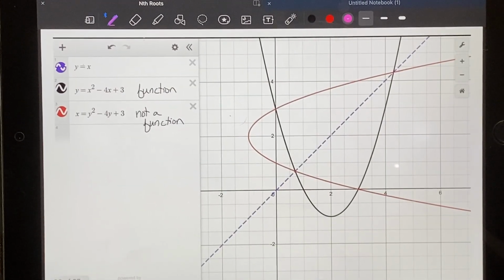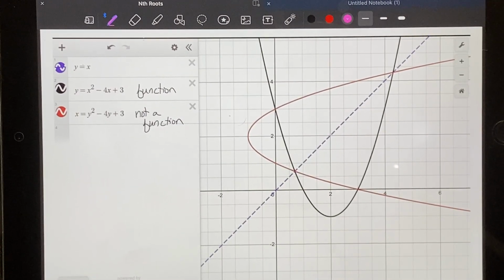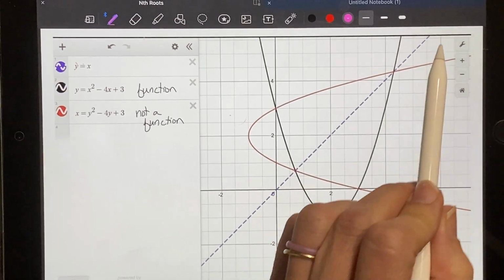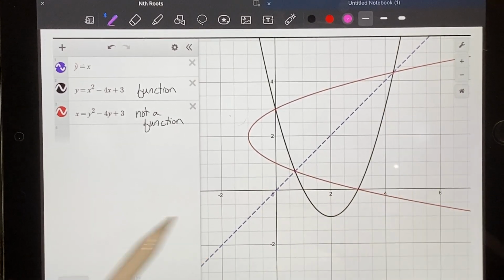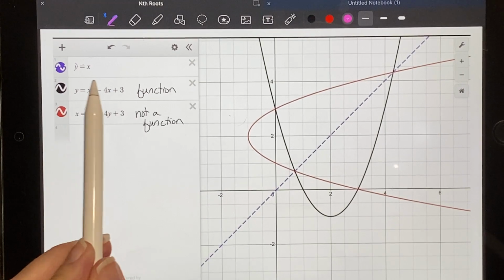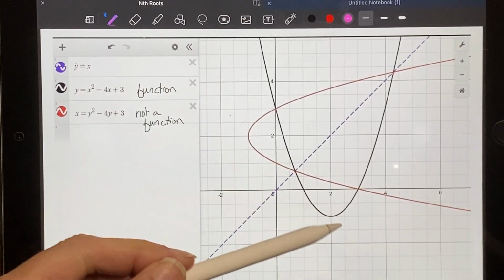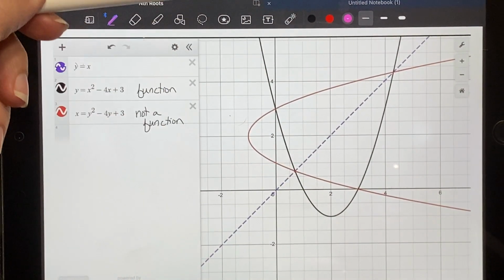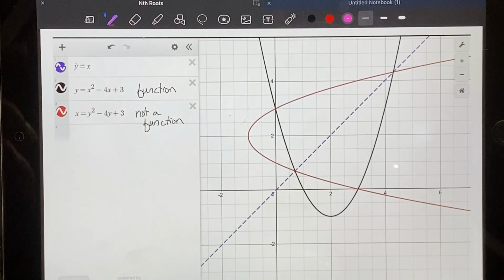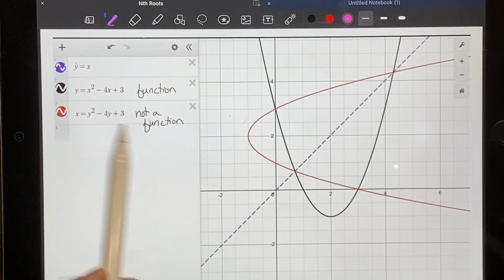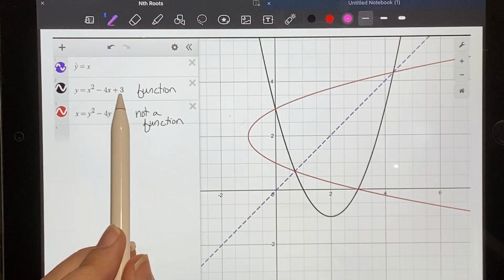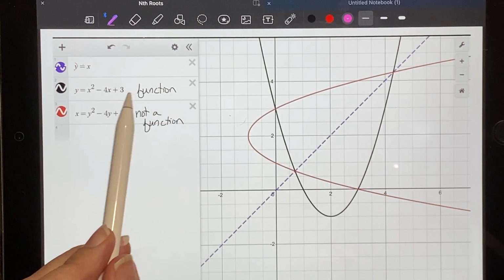Here's one where we're dealing with quadratics. So we have our line of reflection, our dotted line. Our first quadratic is a parabola, a positive parabola that faces up. It has been shifted off of the origin, and we know that because we've got extra x and extra y values over here.